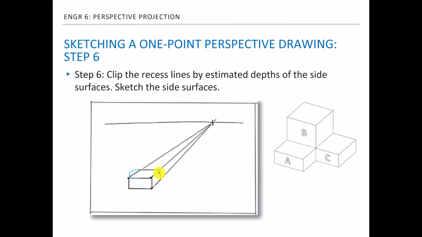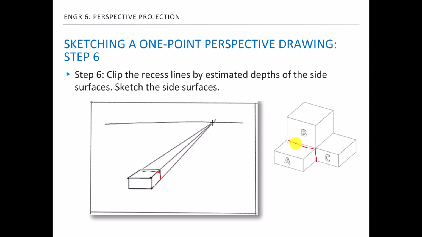We just want to make a quick freehand sketch. So we just eyeball it and sketch these two lines. Maybe I'll use a different color here, right? Those two lines are from this line.